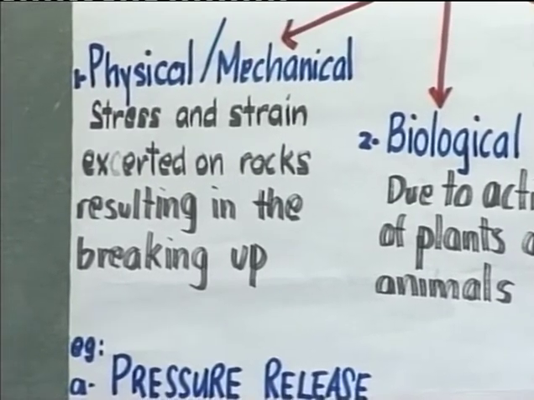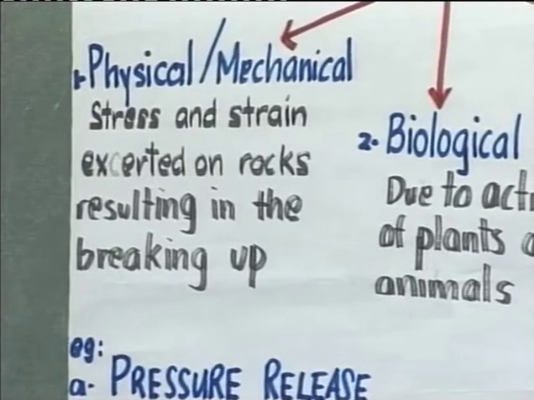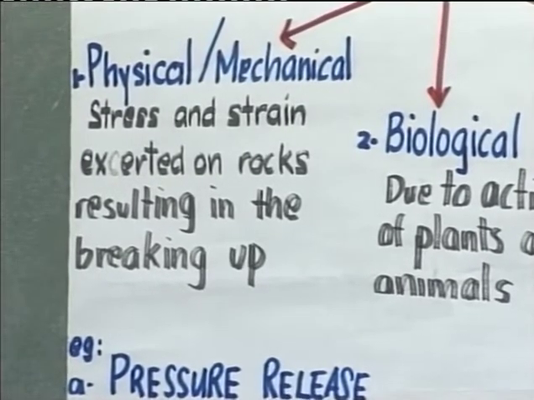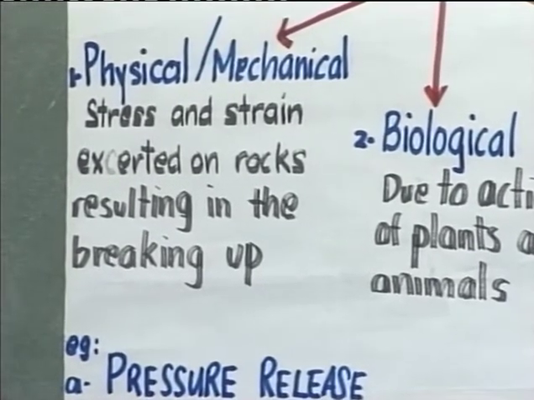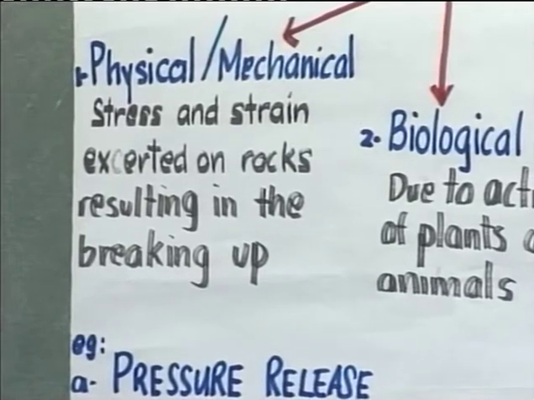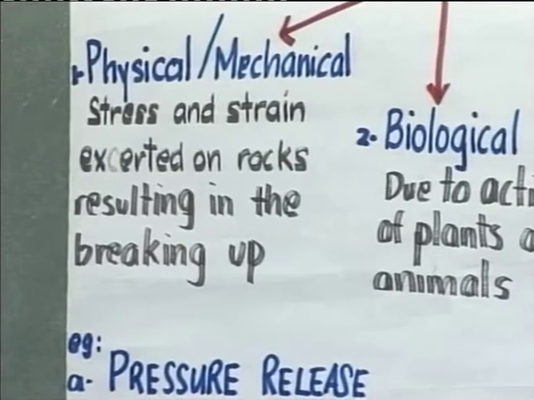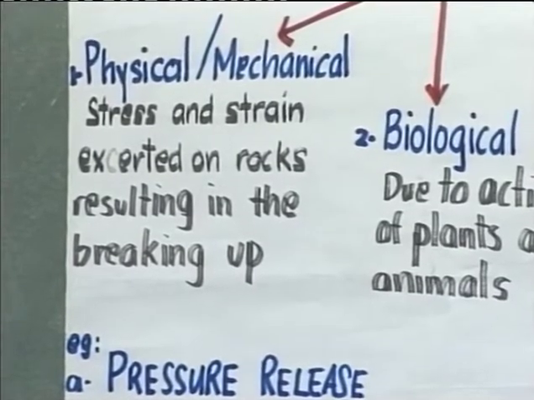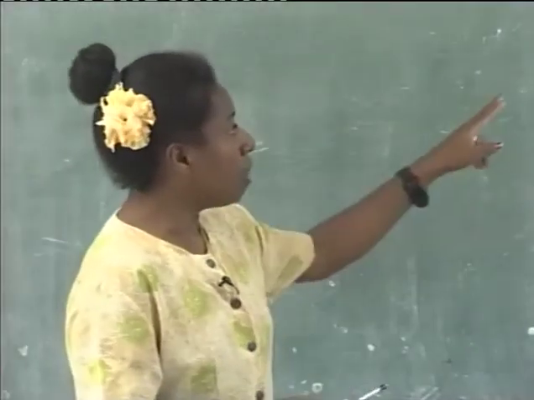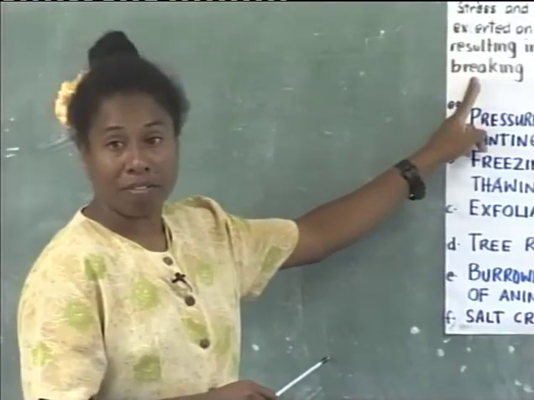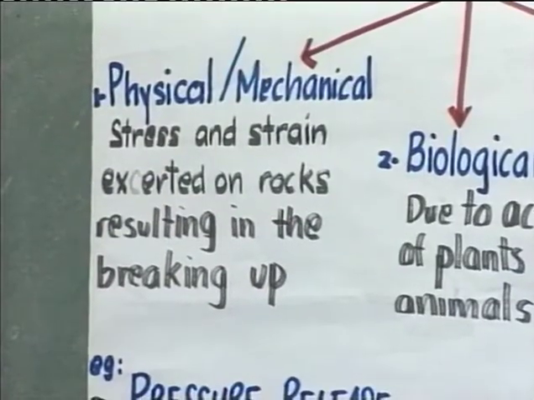If there is no stress or strain exerted on the rock and the rock breaks up perhaps from other forces, then we can say there is no physical or mechanical weathering on that particular rock. It could be biotic or it could be chemical. That's an important point you must remember on what physical or mechanical weathering is.